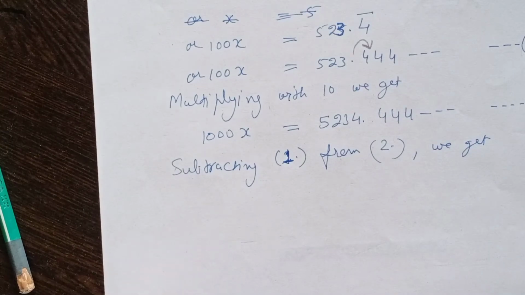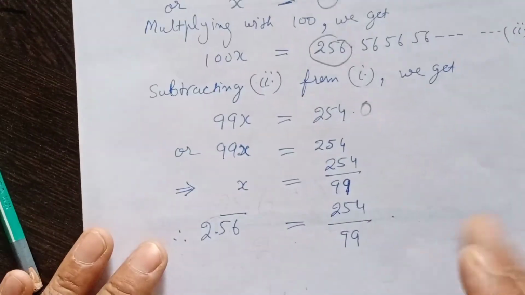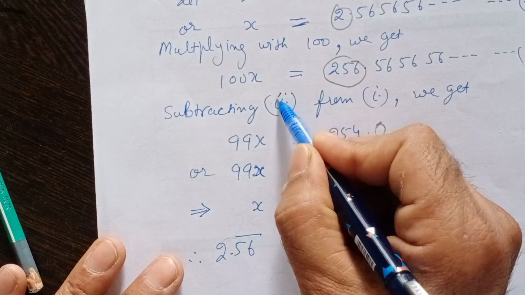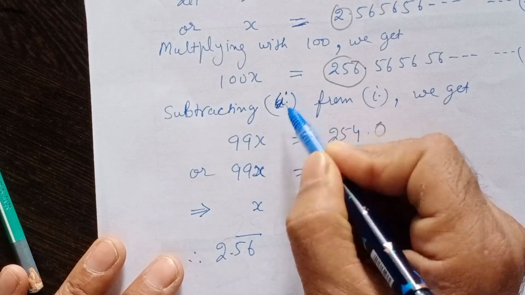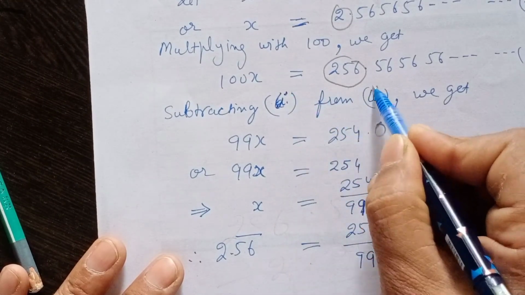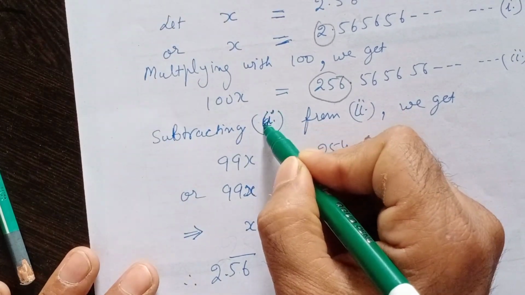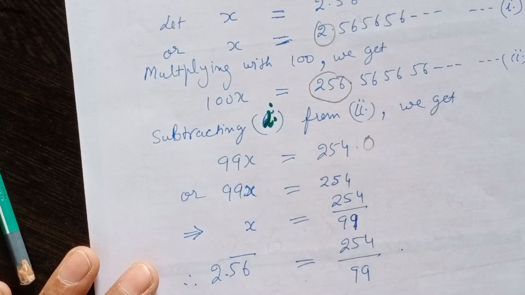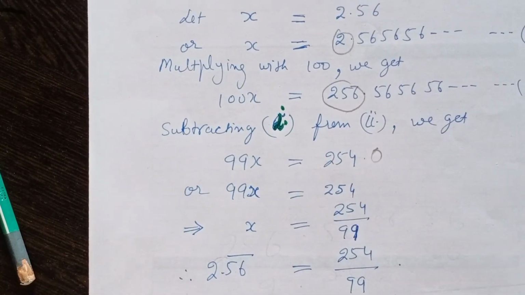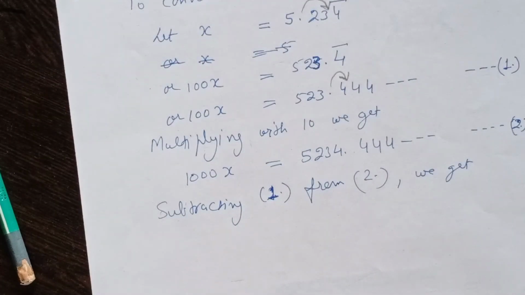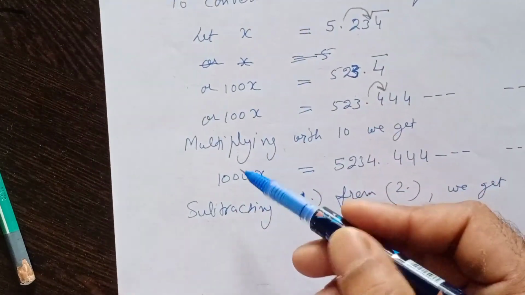In the previous paper also I had a mistake. We have to write on subtracting 1 from 2 in the previous problem. So here we are subtracting 1 from 2.